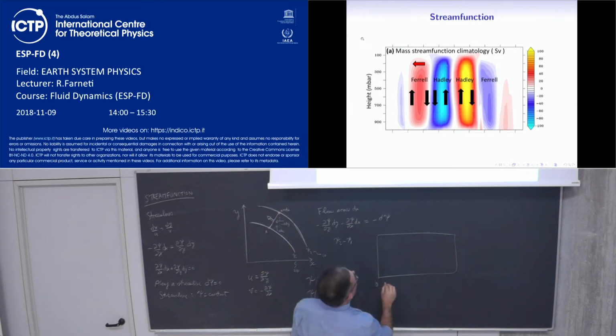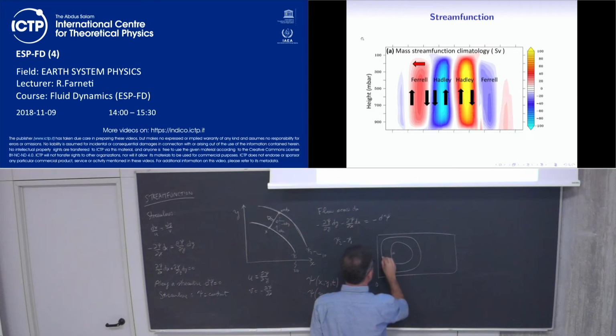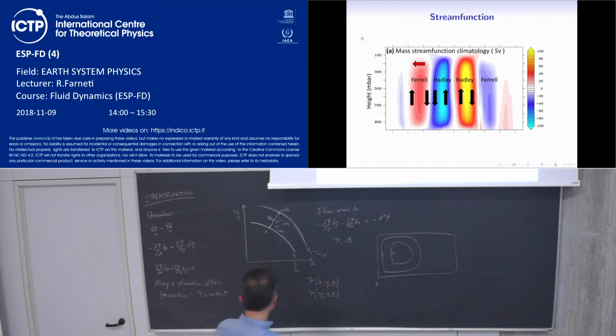So if this is my equator, and I have this stream function and this stream function, okay? So this stream function, let's say, is 10, and this stream function is 5. So numerically, I'm solving this as dpsi/dx, right? So this would be 10 minus 5, over whatever x you might have, c minus 1.